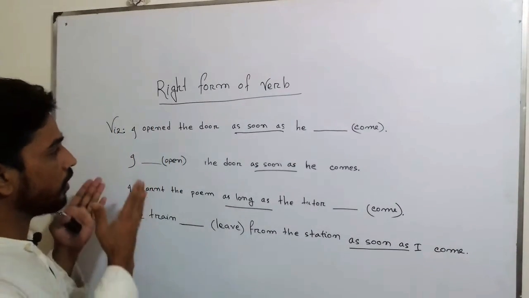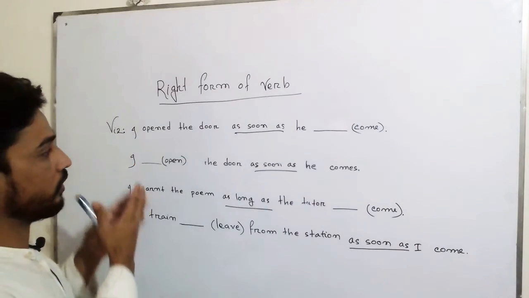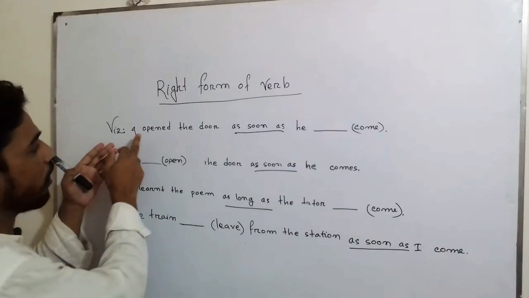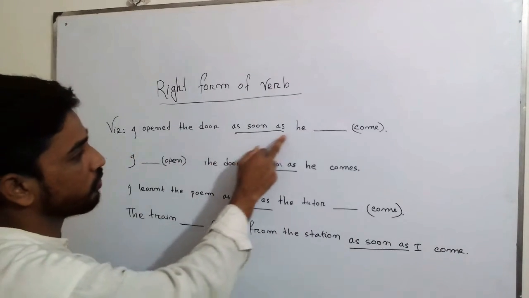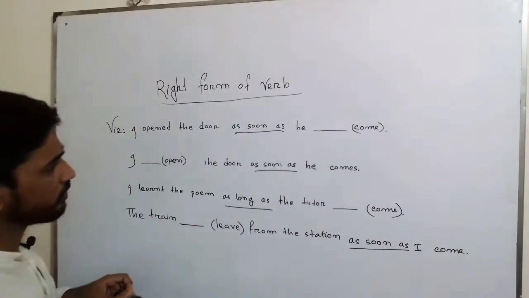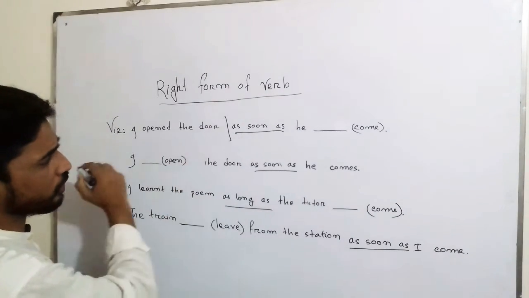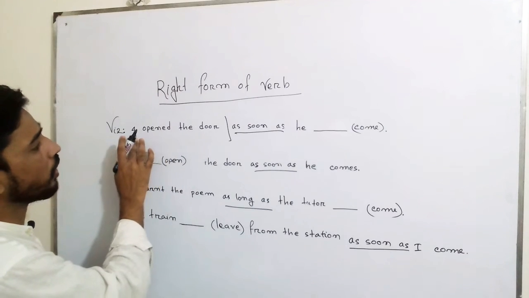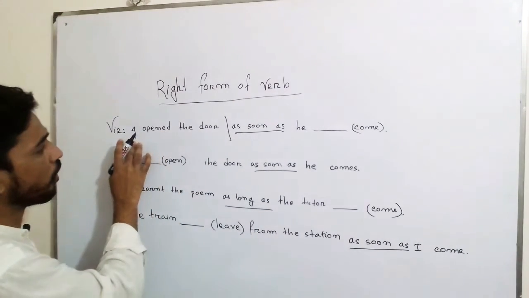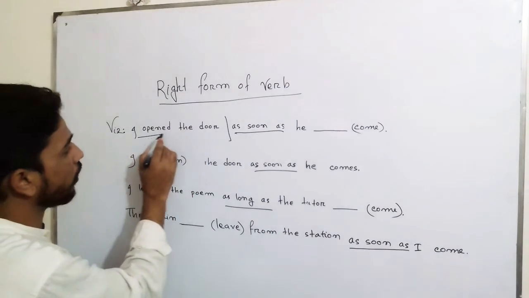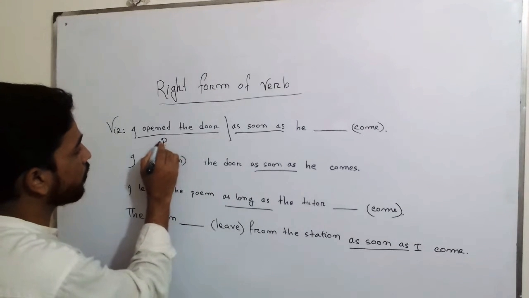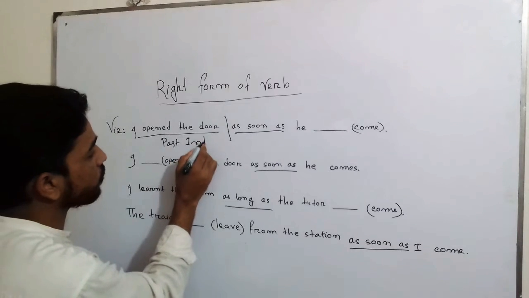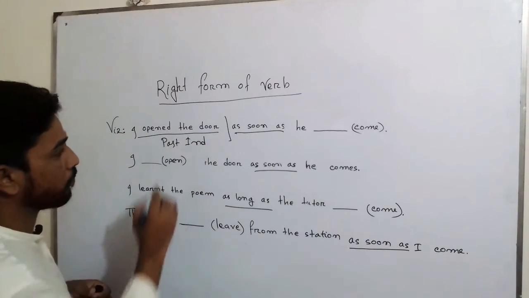So let's look at the right answers of these widgets. The first one: I opened the door as soon as he comes. Here you can see the previous part of as soon as is I opened the door. Here, I opened the door is past indefinite tense.